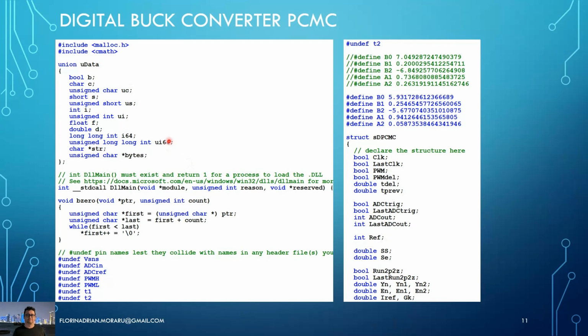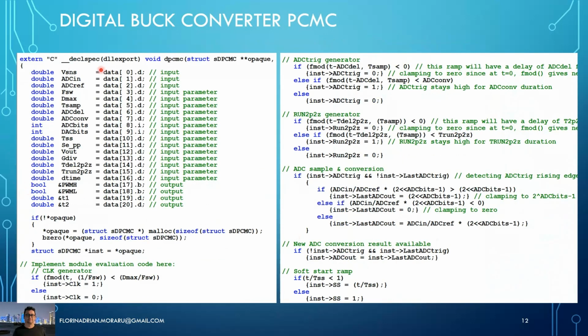Okay, this is how the C++ file looks. We have a definition of the pins. We have here the parameters, the coefficients actually, for the linear difference equation. We have a structure here that we will use.